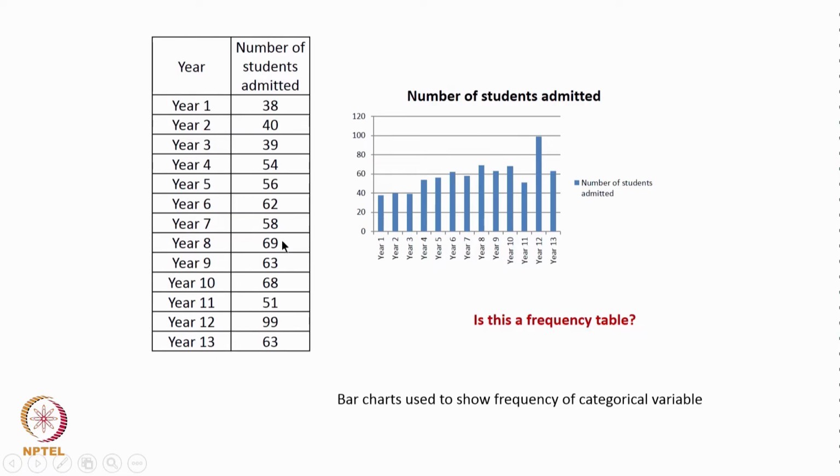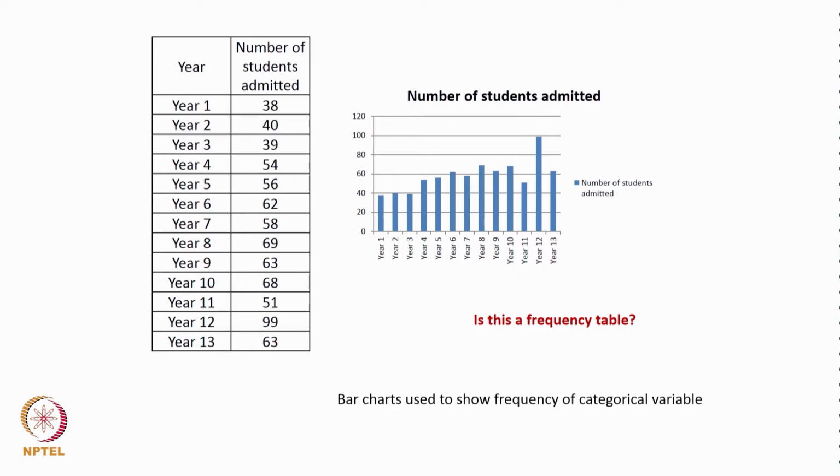If you look at the actual data, year 8 is 69, year 10 is 68, and if we look at the bars very closely, even though both are equally tall, one can carefully understand that year 8 is slightly taller than year 10.